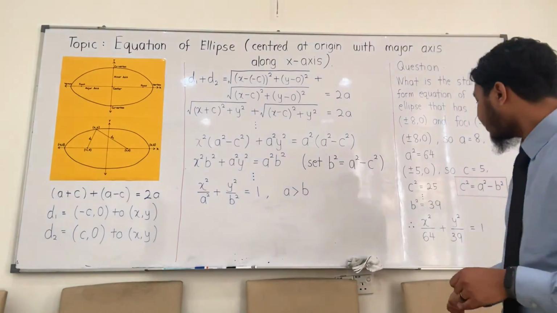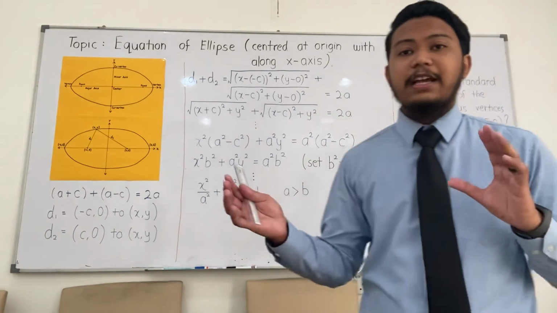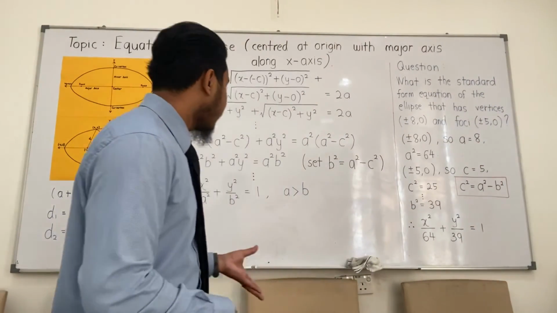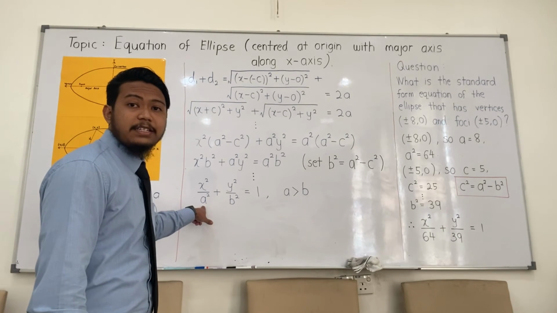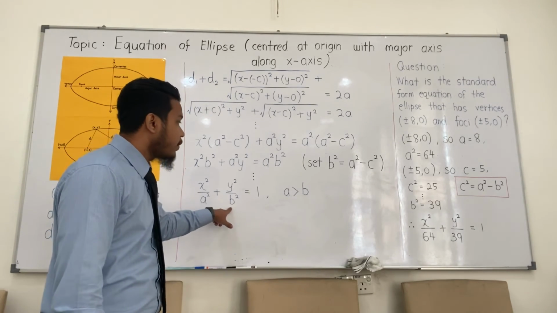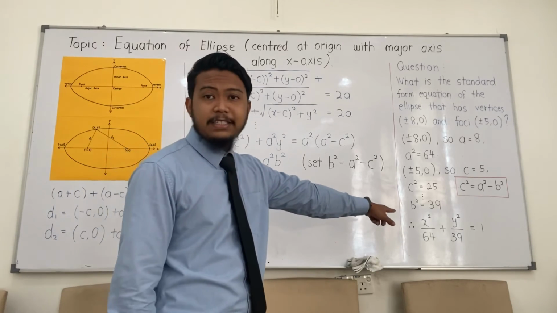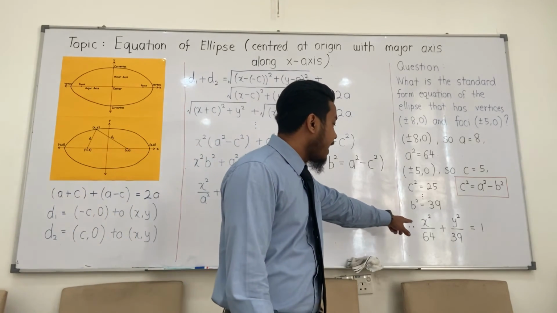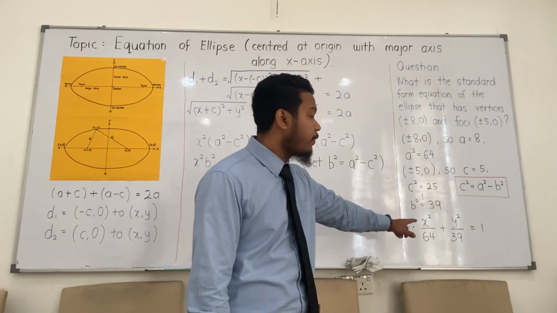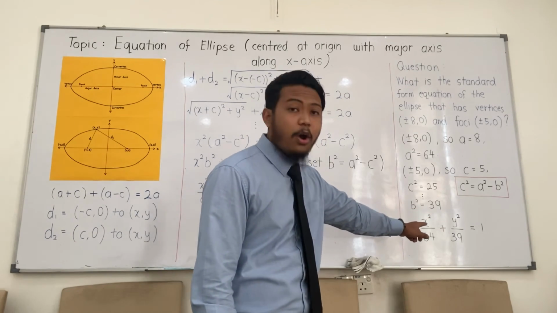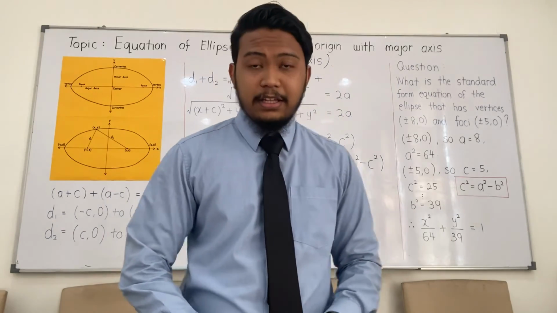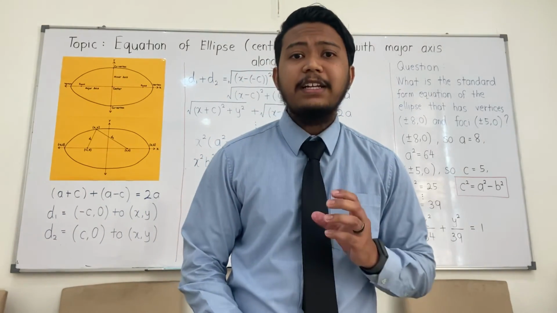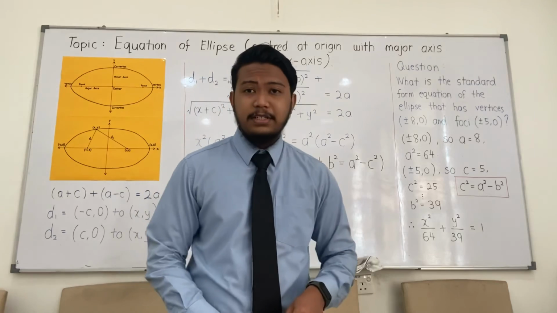Then we go back to the standard form by substituting the answers for a squared and b squared. So we get x squared over 64 plus y squared over 39 equal to 1. So that's the final answer for this question.